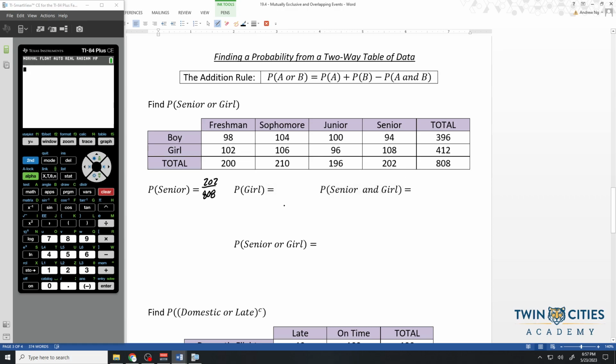What about the probability that I select a girl to obtain this ticket? So if I look at my table, there are 412 girls out of 808 students. So the probability that it will go to a girl is 412 over 808.